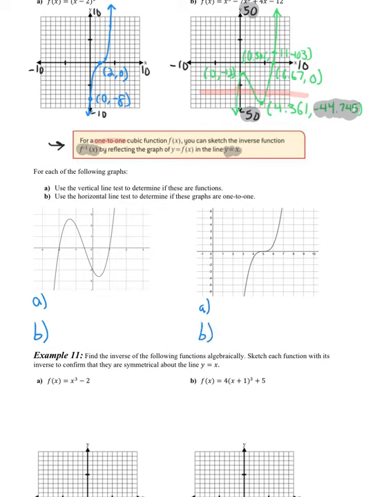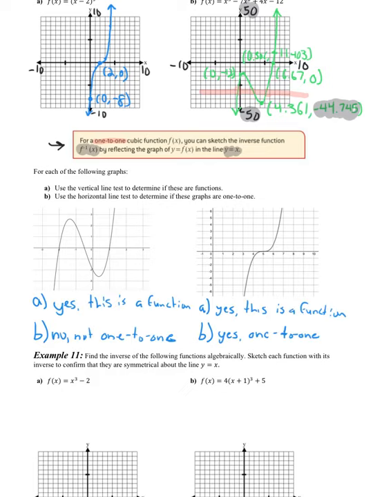Does it pass the vertical line test? Does it pass the horizontal line test? All right, so example A is a function. It's not one-to-one. Example B is a function, and it's also one-to-one.